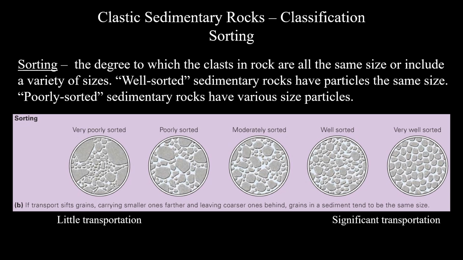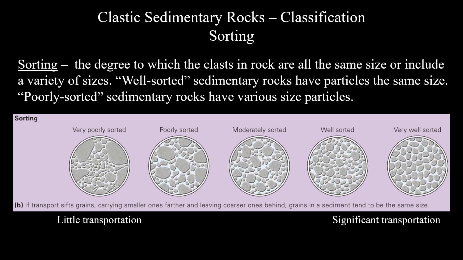And so it essentially will sort through the material that it's carrying. If something is well sorted, that you see on the right, the grains are all pretty equal in size. Usually they'll also be rounded, like you can see on the right. That implies significant transportation from where the sediment was originally formed.